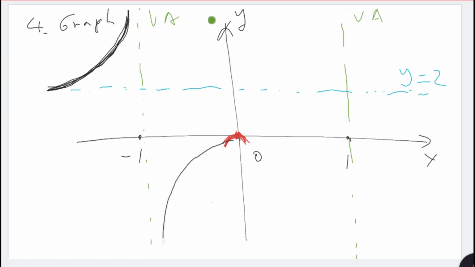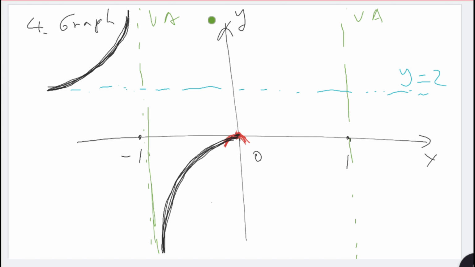So this is what we can come up with. It can only be this: going up, bending down, approaching the vertical asymptote x equal to -1, crossing the origin there.